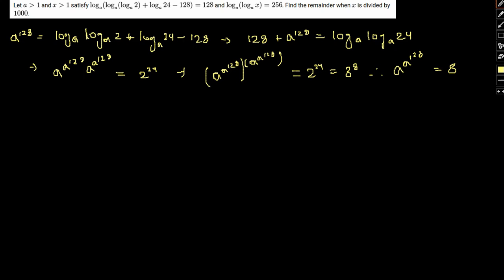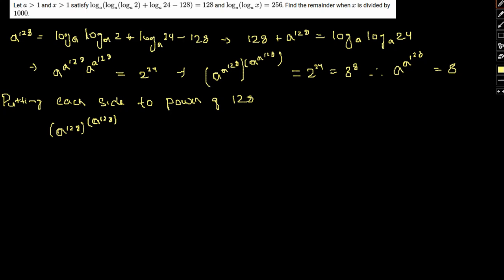Okay, so putting each side to the power of 128 we have a to the power 128 to the power a to the power 128, which can be written as 8 to the power 8 equal to 64 to the power 64.